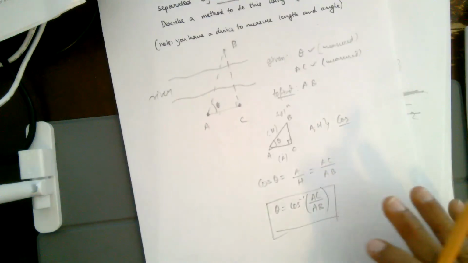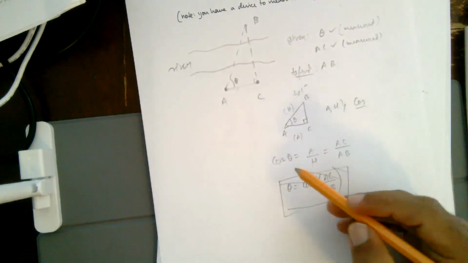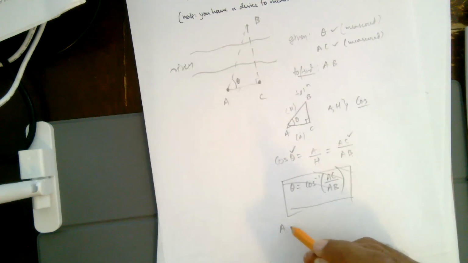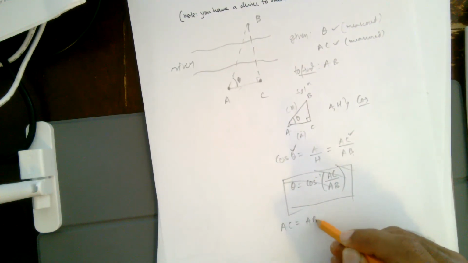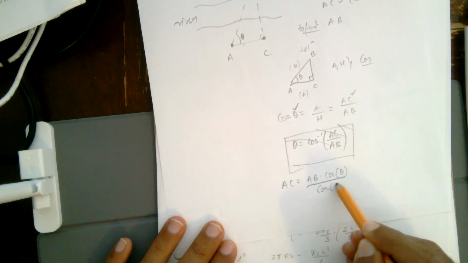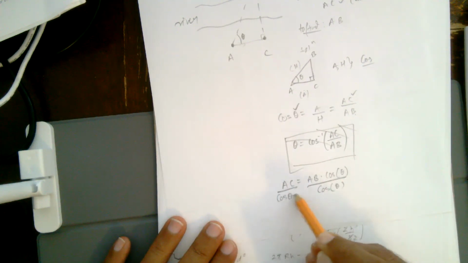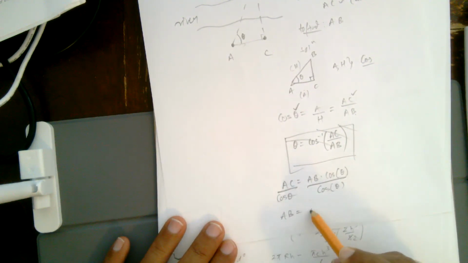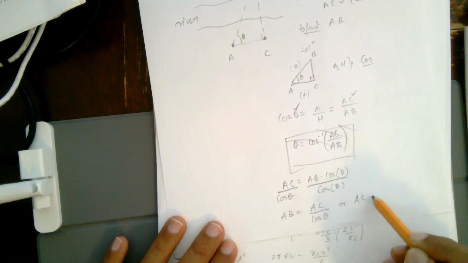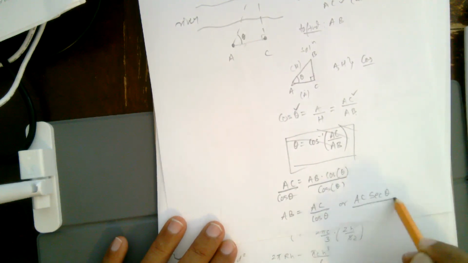We're not finding theta. We know theta, we know AC, we are finding AB. So AC equals AB times cosine theta, or divide by cosine theta. So AB equals AC over cosine theta, or AC secant theta.